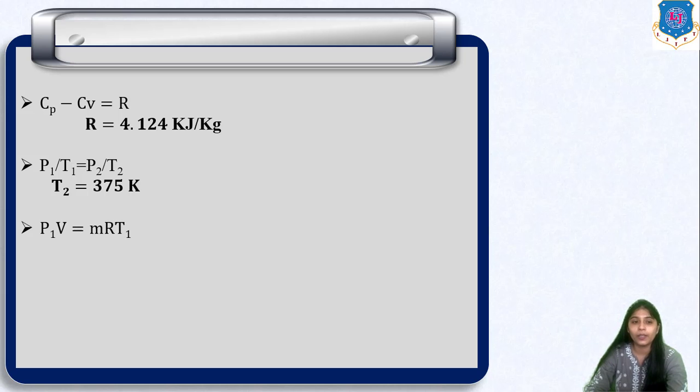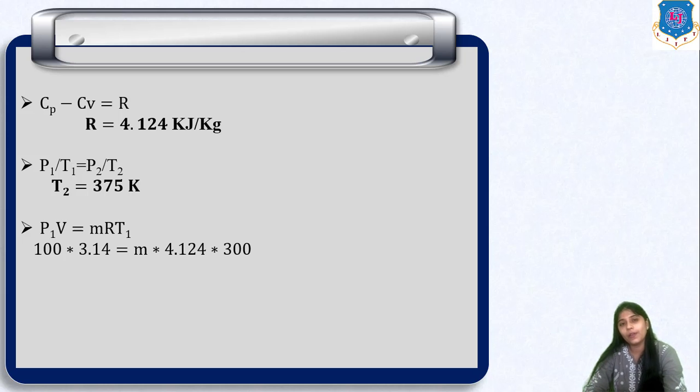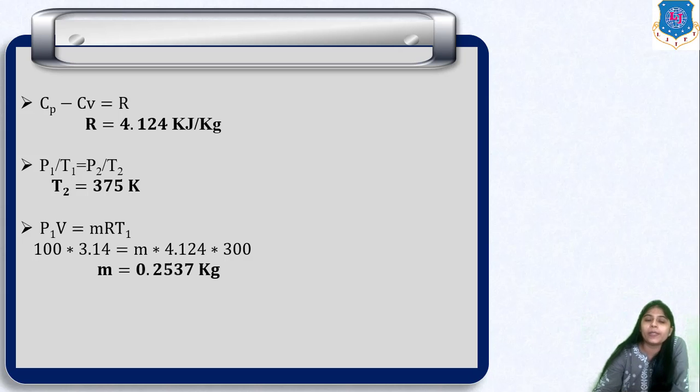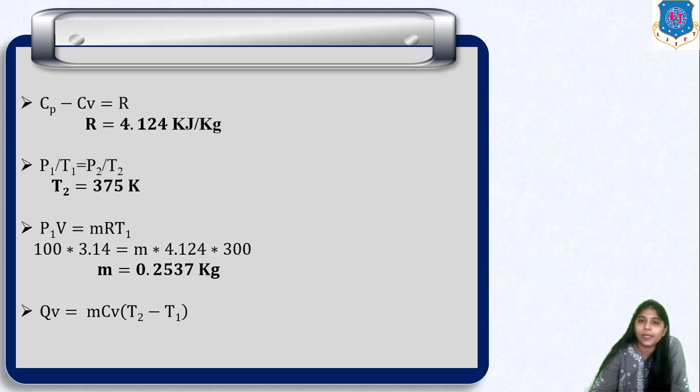Now we also know that PV is equal to mRT, which is the ideal gas equation. Substituting the values of P1, V, R and T, we get the value of mass, which turns out to be 0.2537 kg. In order to determine the heat supplied, we need the value of mass, because the heat supplied is given by mCv (T2 minus T1).